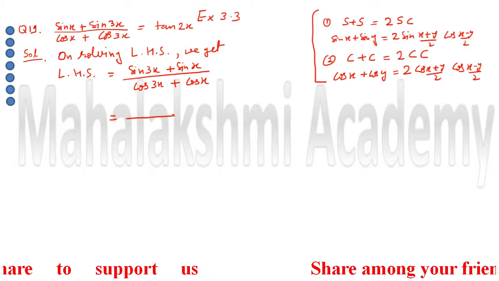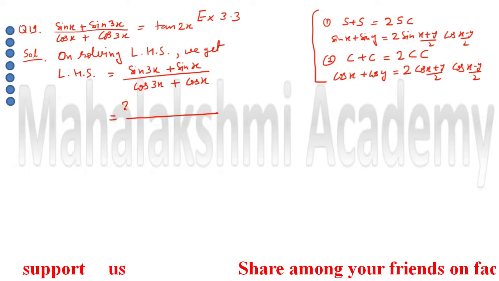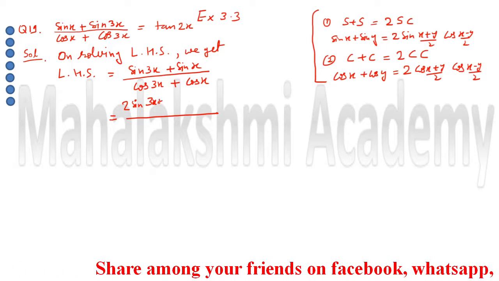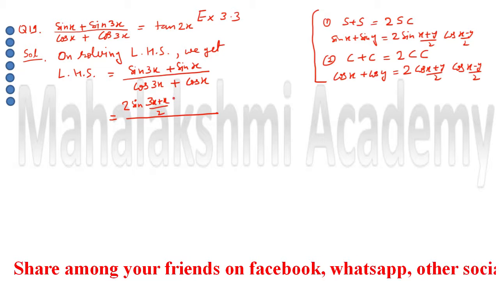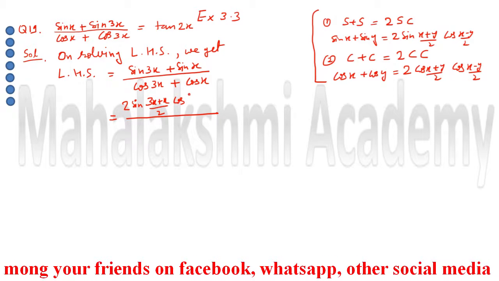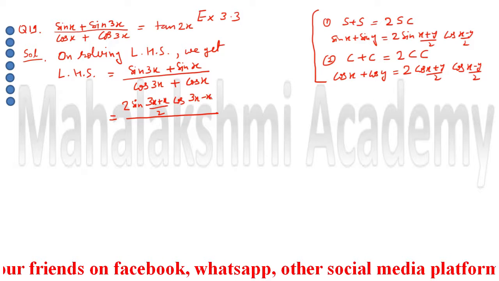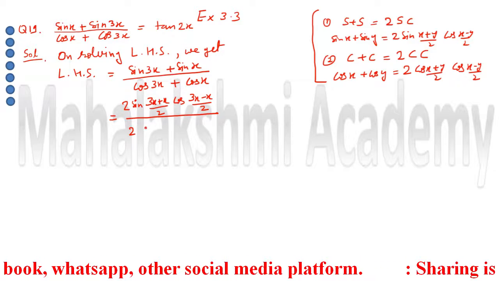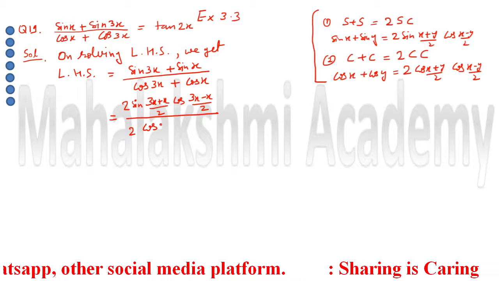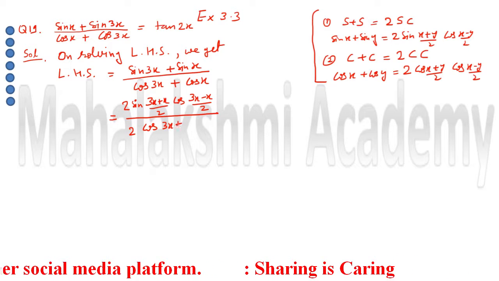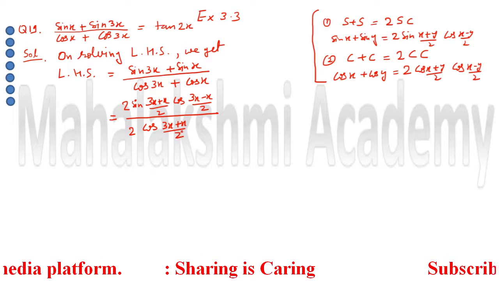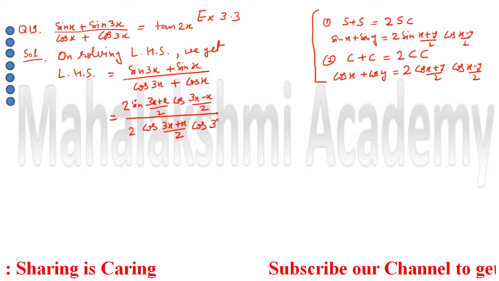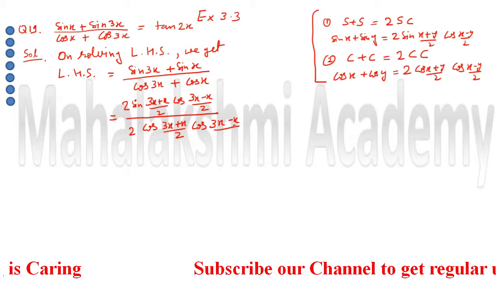So 2, then sin of (3x plus x) divided by 2, then cos of (3x minus x) divided by 2. In the same way down, 2 cos of (3x plus x) divided by 2, and then again cos of (3x minus x) divided by 2.